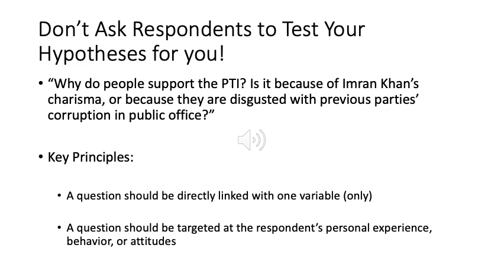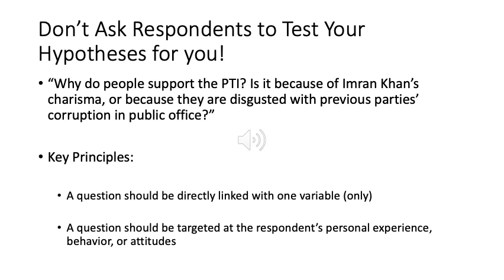When putting together your survey questionnaire, you should remember that your survey respondents are not experts. They shouldn't be testing your hypothesis for you. So when you're putting together your survey questions, you should always remember that you should only ask about one variable per question.